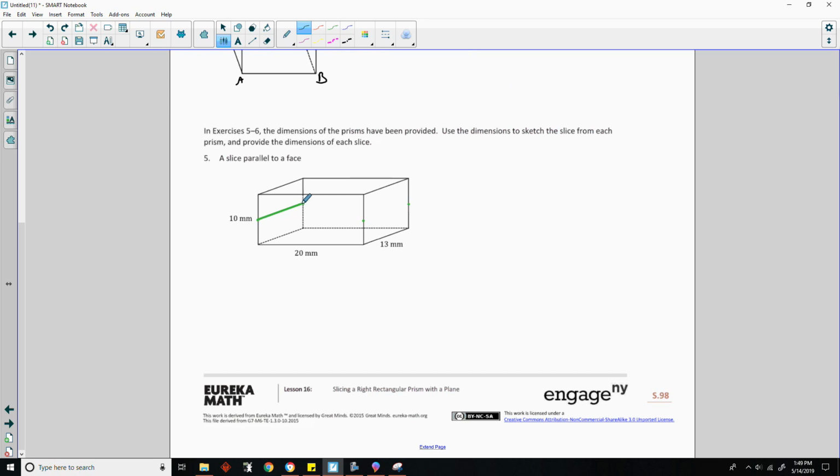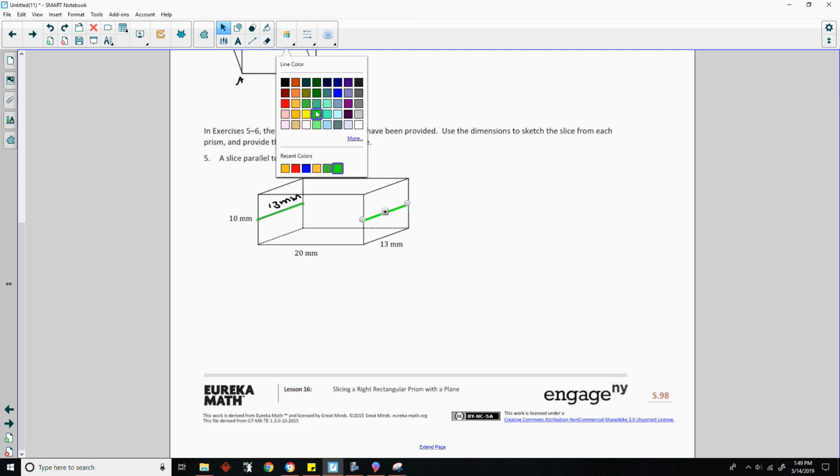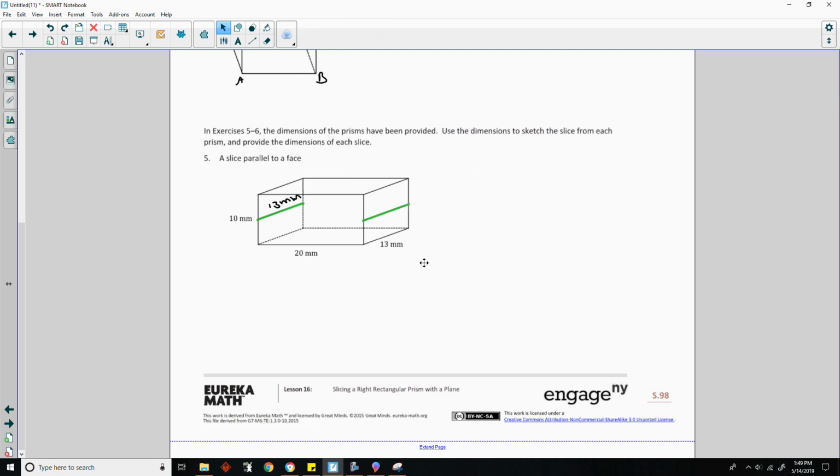And that is the same as the width, which is 13 millimeters. Okay, so this is 13 millimeters. And then if I were to draw the same one over here, like so, let me change its color to the same. That's also 13 millimeters because it is the same length as this base and it's parallel.